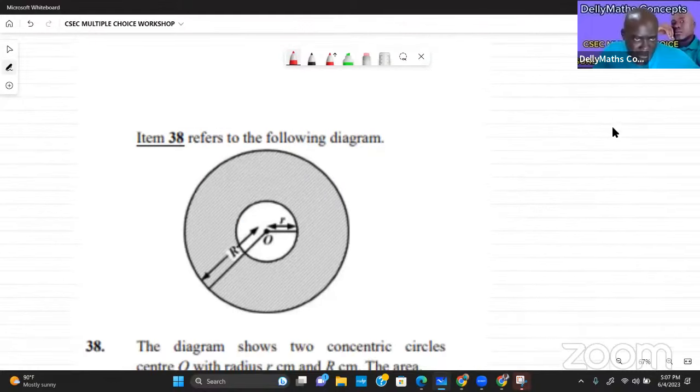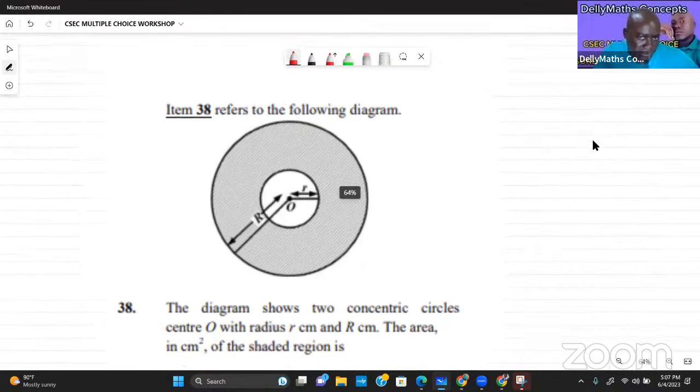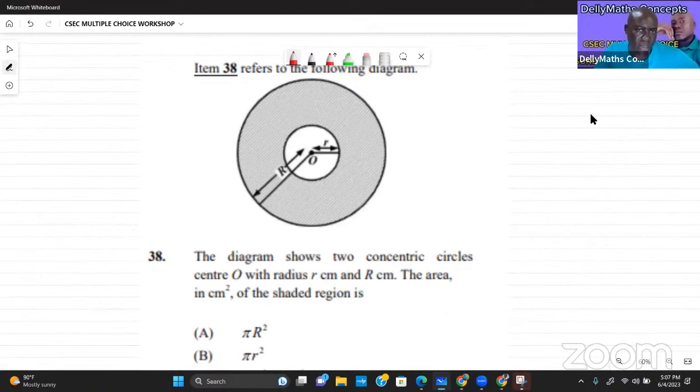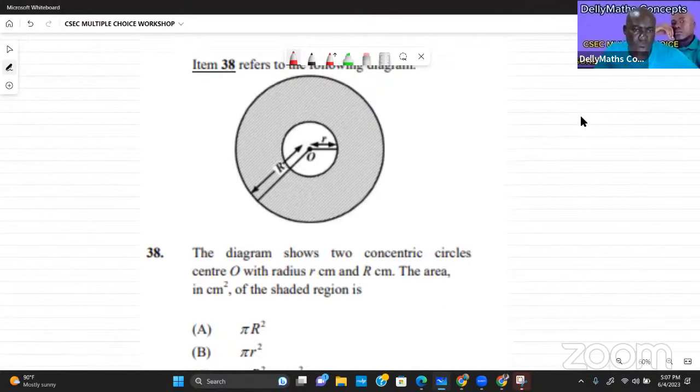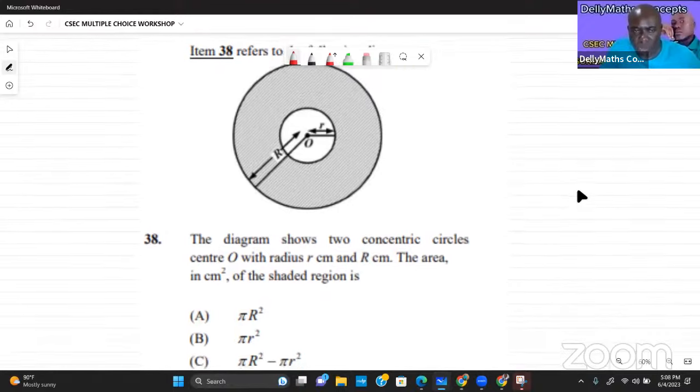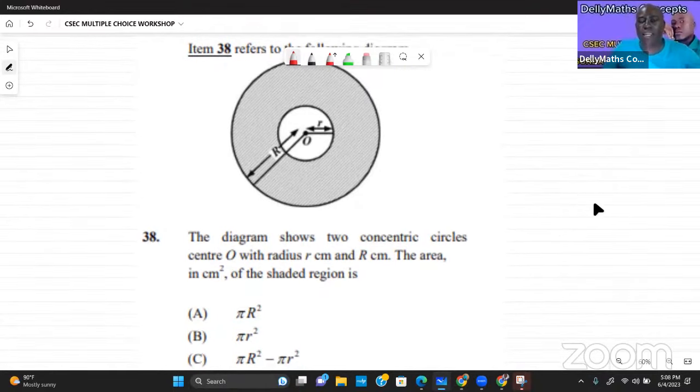All right, so for this question now, we're looking at two concentric circles. The diagram shows two concentric circles with center O, with small r and big R. They want us to find the area in centimeters of the shaded region. The shaded region is the area of the big circle with big R minus the small circle, small r.